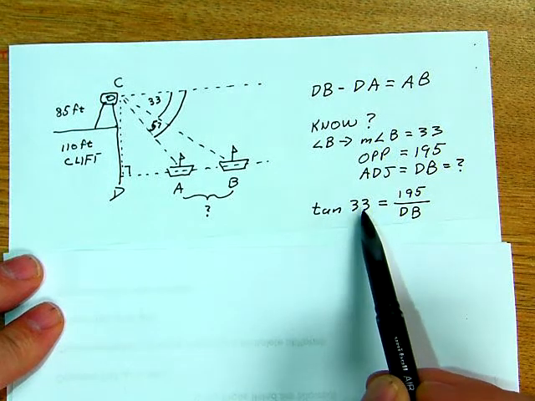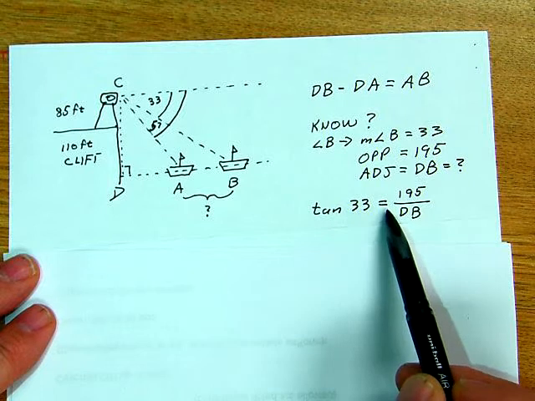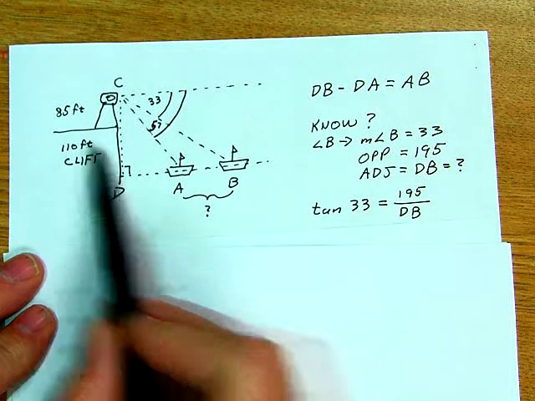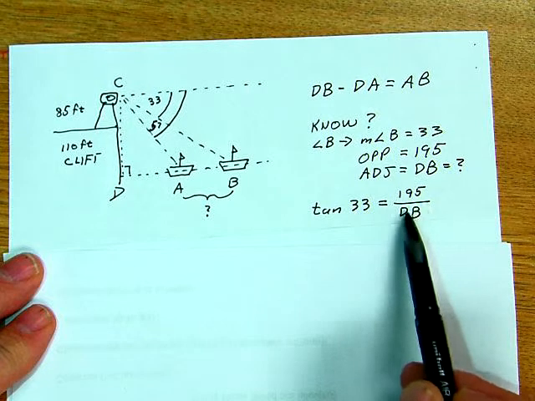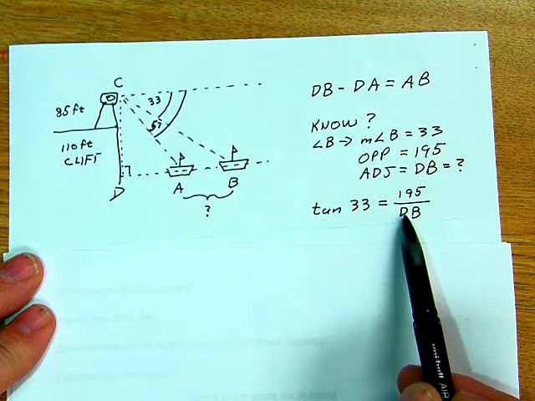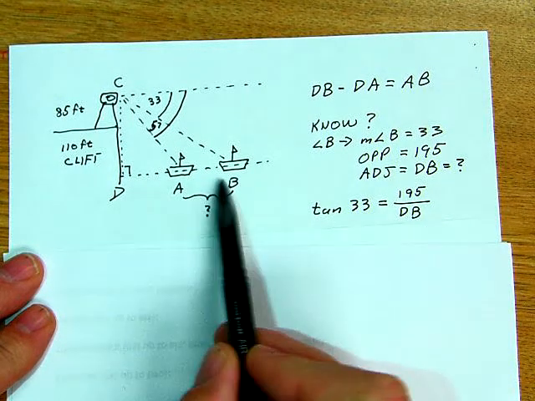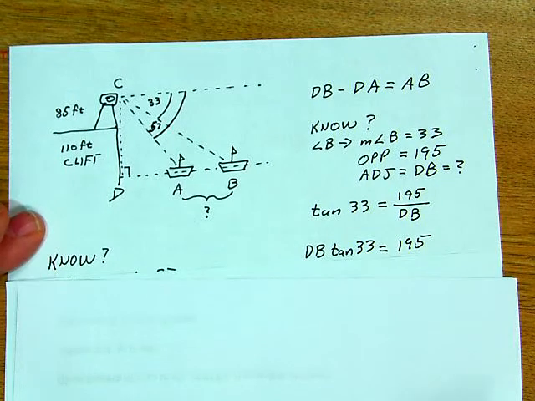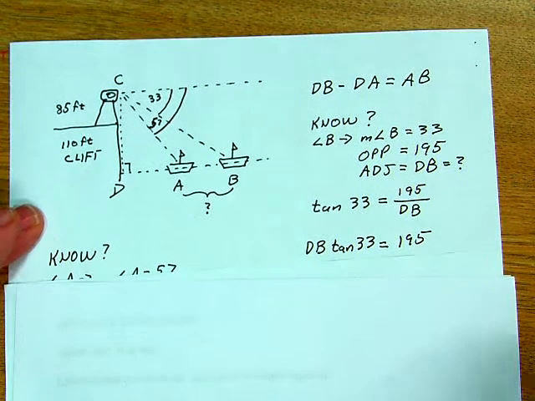Tangent of a 33-degree angle is equal to 195, which is the opposite that we figured out up here, divided by the adjacent, which is what we're trying to figure out, DB.